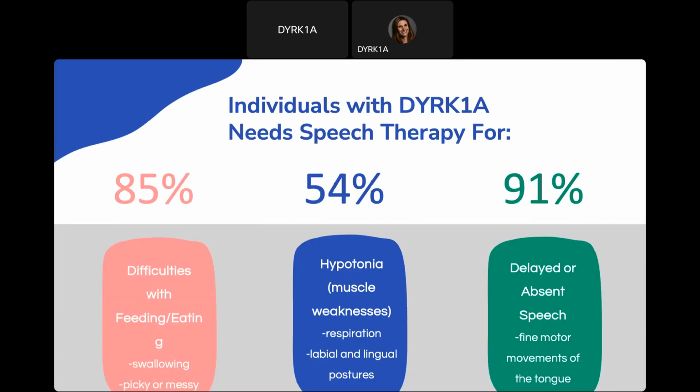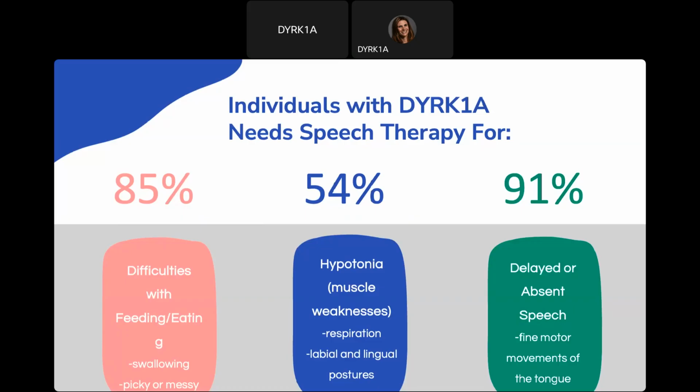Okay, these are just some quick statistics. So 85% of children with DYRK1A need speech therapy for difficulties with feeding or eating. 54% will exhibit hypotonia, muscle weakness. This relates to the diaphragm, like we were talking about earlier, this massive muscle that's here.